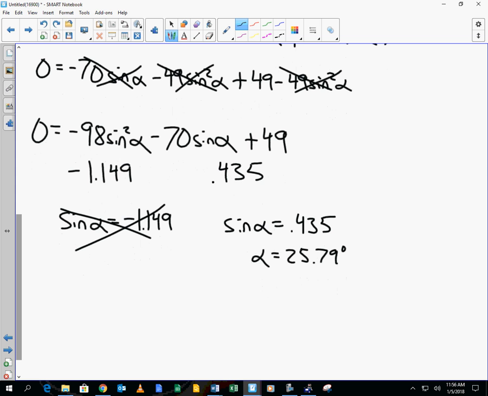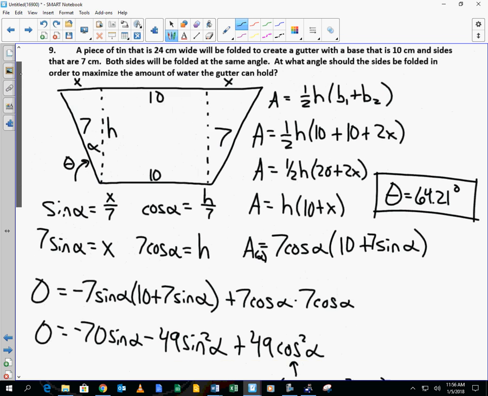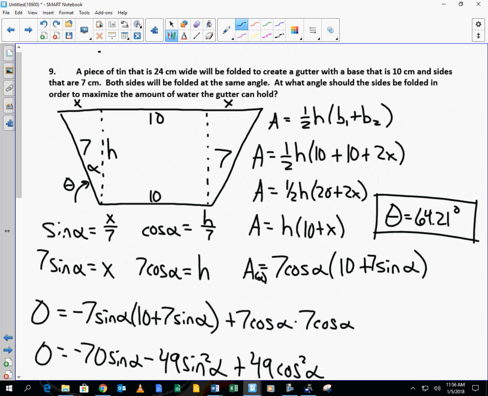I took sine inverse. Now, did you use geometry in solving this problem? Did you use algebra? Did you use the quadratic formula? Did you use trigonometry? Did you use calculus?